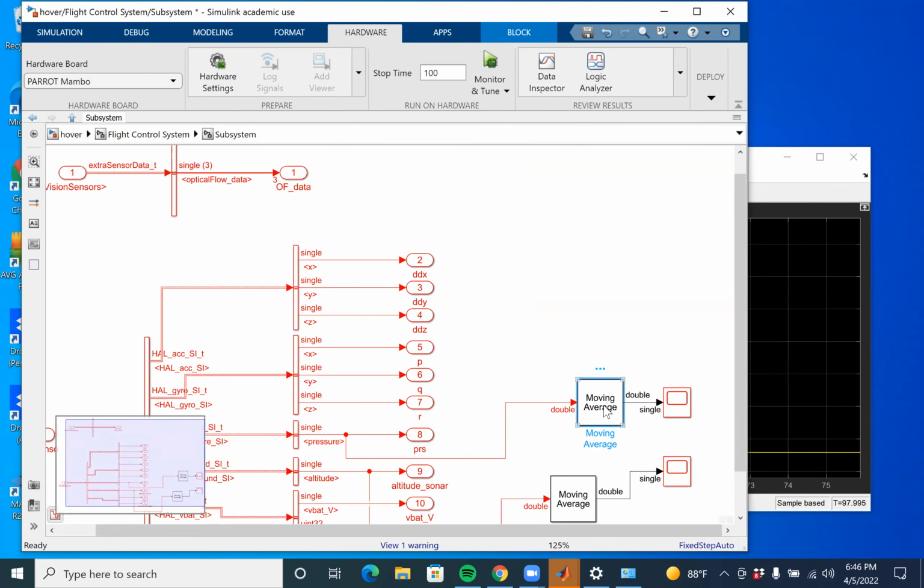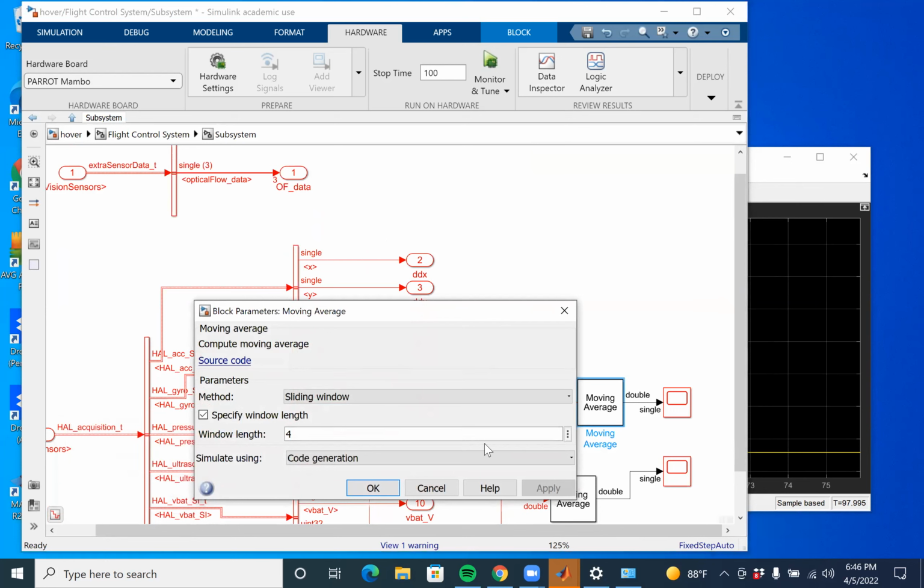If you double click on moving average, it shows you the window length. And there is a difference between the different types of windows that you can use.